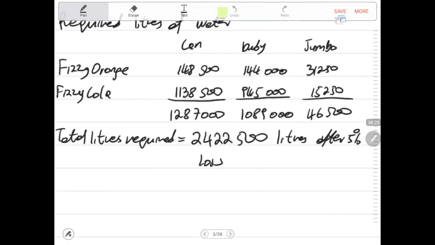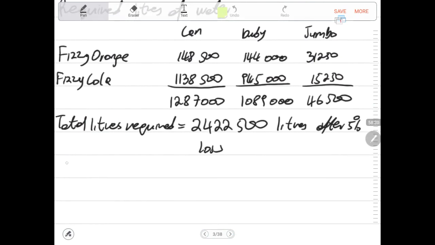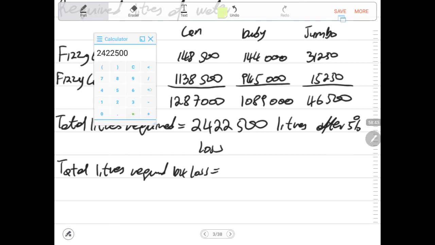So now let us continue and calculate our total requirement. Total liters required before the loss will be times 100 divided by 95. Then it will give us 2,550,000 liters.